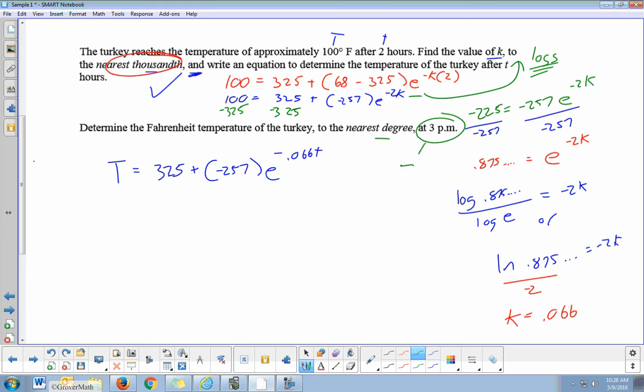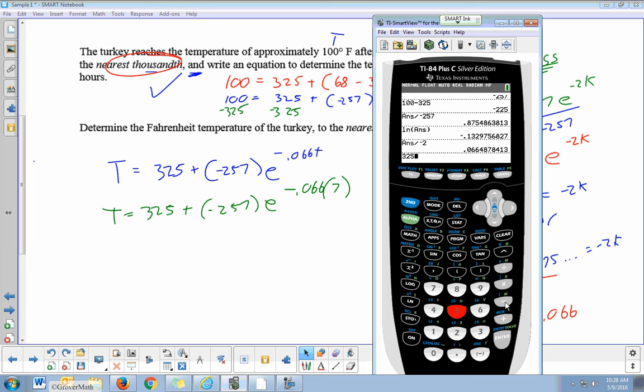So 7 hours. So T equals 325 plus negative 257 times e to the negative 0.066 times 7. And the good thing here is we could just type this into our calculator. We're not going to have to do anything else. So 325, let's do minus 257 e raised to the negative 0.066 times 7.